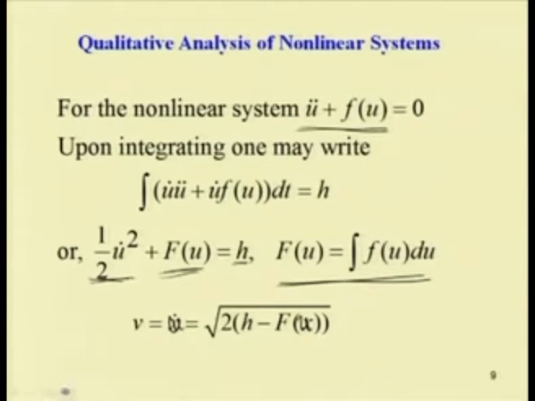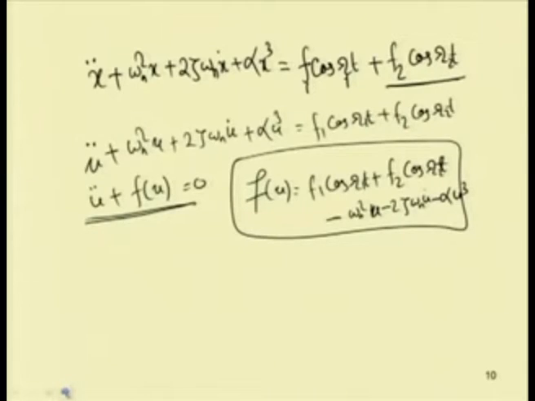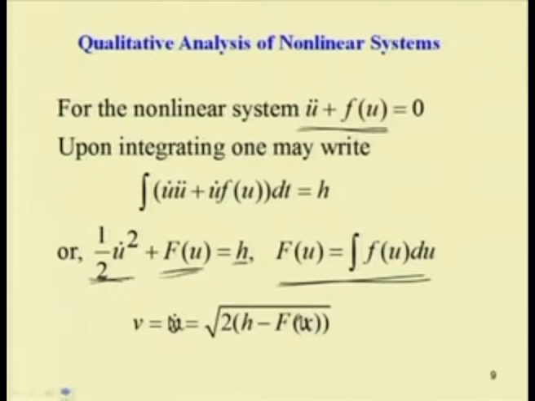So I can write v, that is u dot, equal to root over 2 into h minus F u.